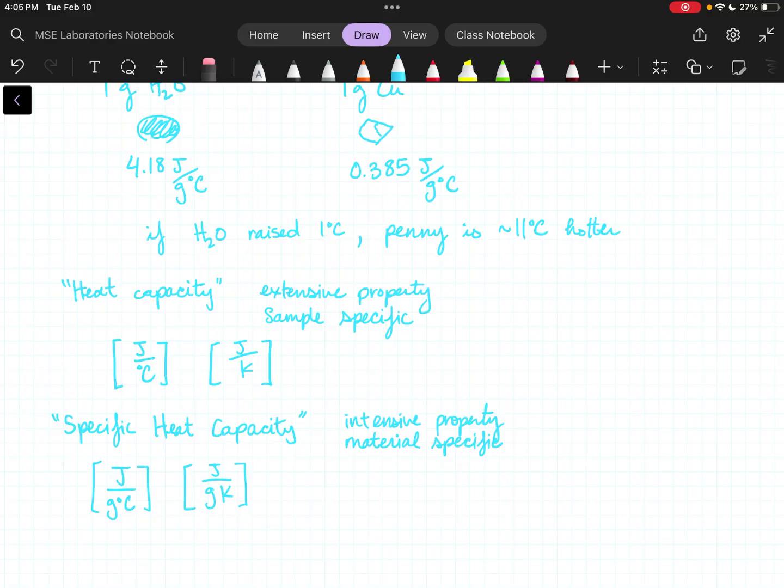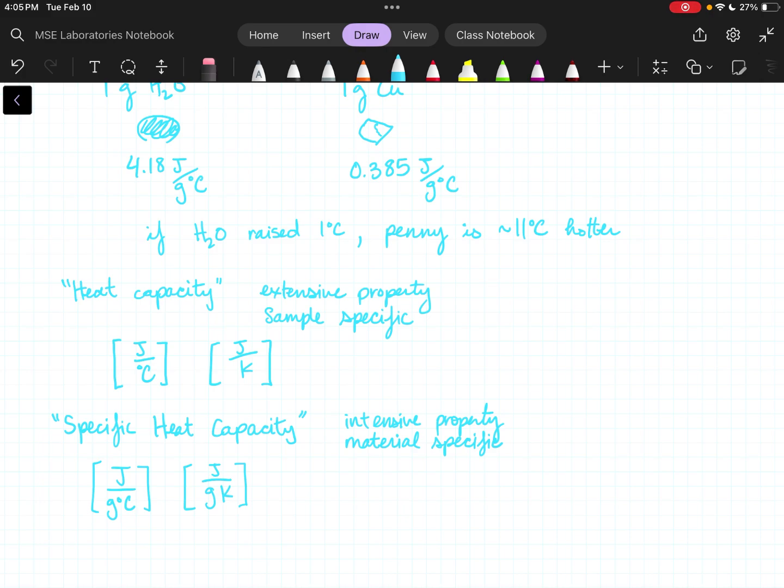What's nice about this is I can scale this up. This does have to apply to a pure material. I couldn't do a specific heat capacity of a building, but this would be something like a piece of copper, water, or the cement bricks that I'm building this building out of.